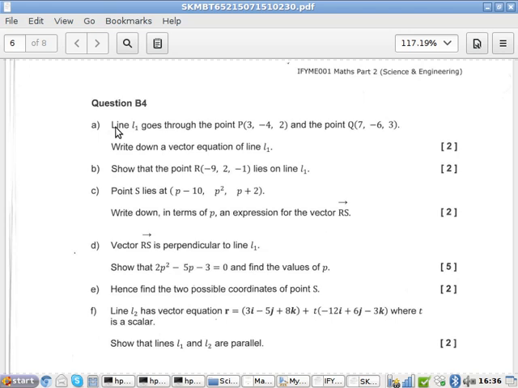What do I do from here? No, that's the answer. How many marks is it? 2. So it should be snappy. I just leave it like that. No, I remember we had to do simultaneous or something. Ah, no, that's when you want to try and find where 2 lines meet.